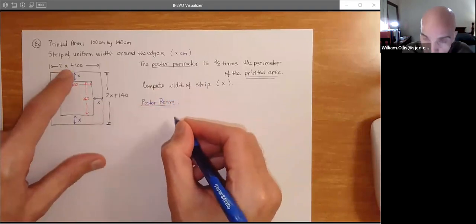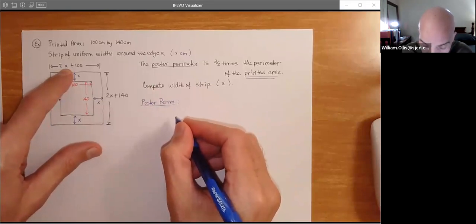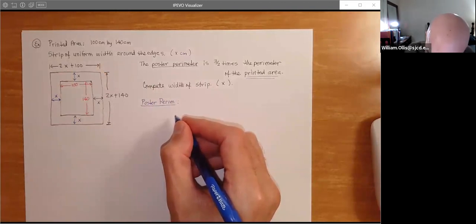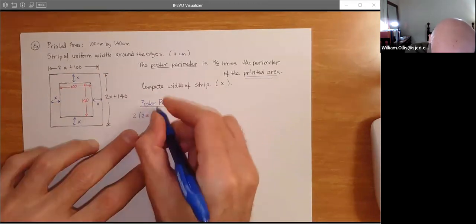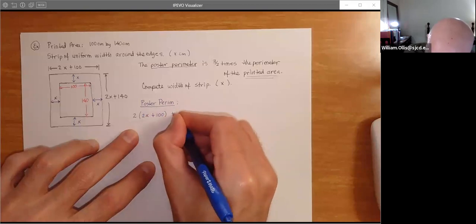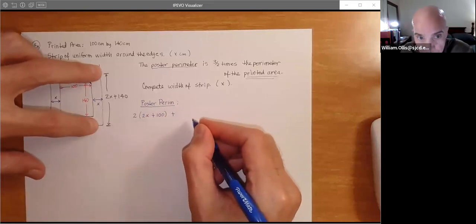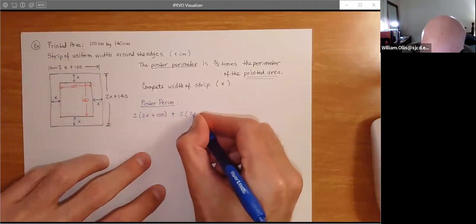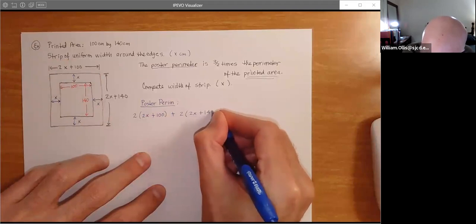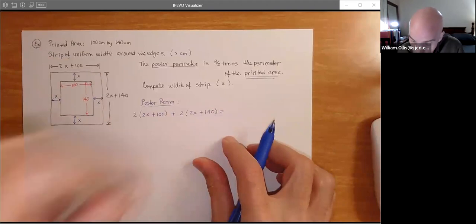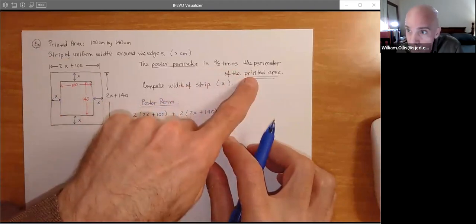So we're going to say 2 times this dimension plus 2 times this dimension: 2 copies of 2X plus 100, plus 2 copies of this, 2 times 2X plus 140. And now this should be equal to 3/2 the perimeter of the printed area.